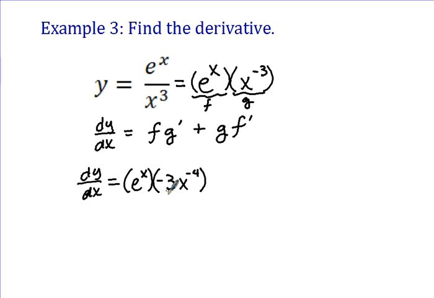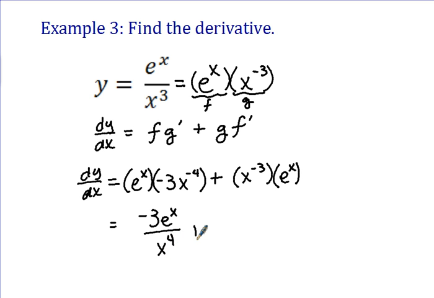So that's f times g prime, plus g, which is x to the negative 3, times f prime. f is e to the x, so of course f prime is also e to the x. And then we could rewrite this without negative exponents. I would have negative 3 e to the x over x to the fourth plus e to the x over x to the third.